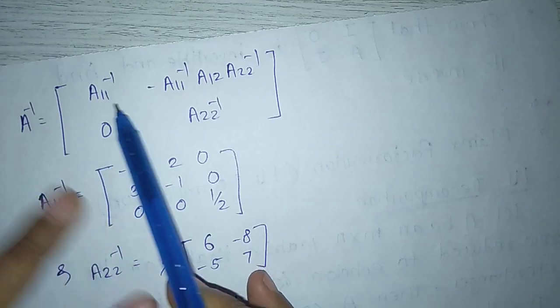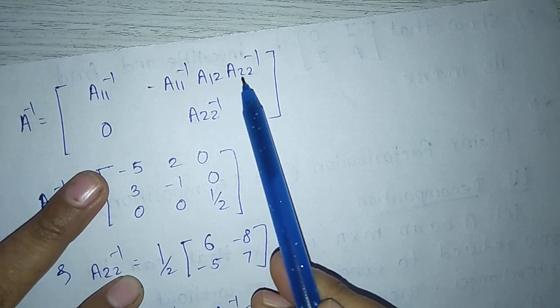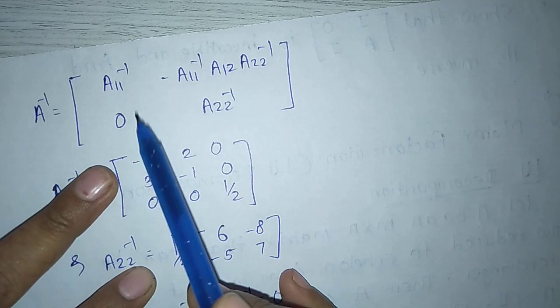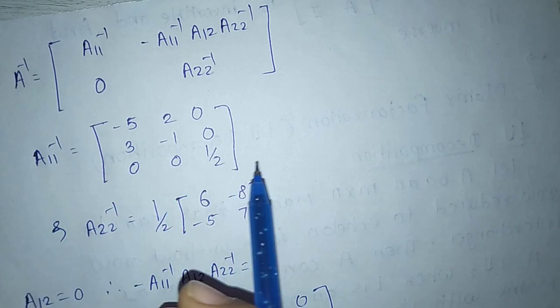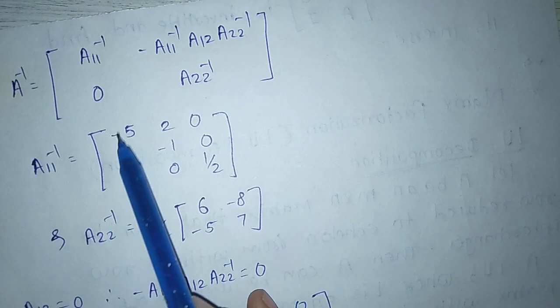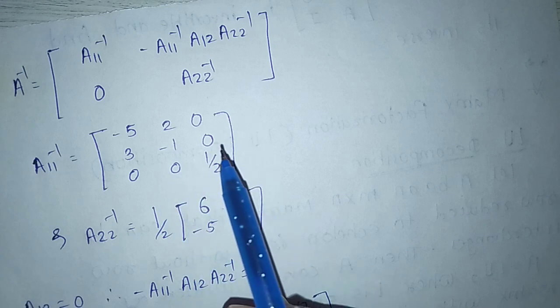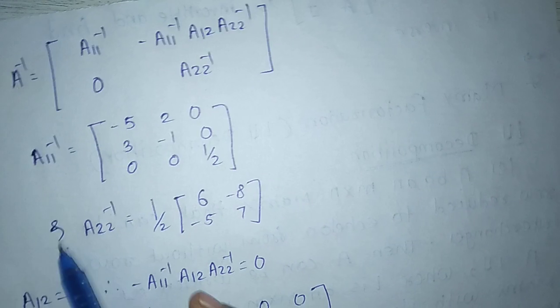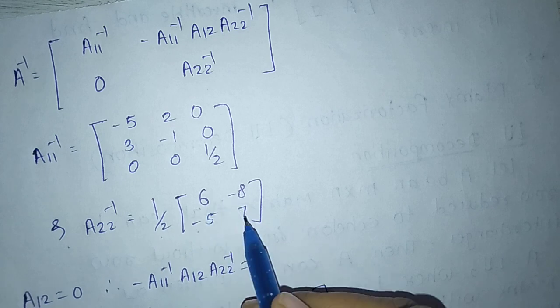A inverse equal to A11 inverse minus A11 inverse A12 into A22 inverse 0 A22 inverse. A11 inverse equal to, when we find the inverse of 3 by 3 matrix, we get minus 5 2 0 3 minus 1 0 0 0 1 2 and A22 inverse equal to 1 upon 2 6 minus 8 minus 5 7.